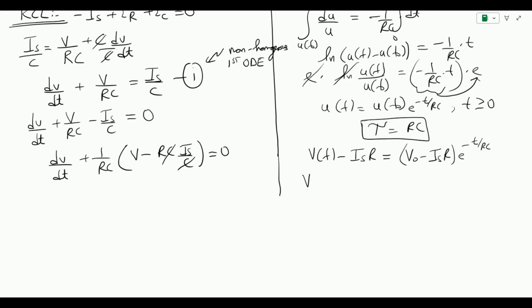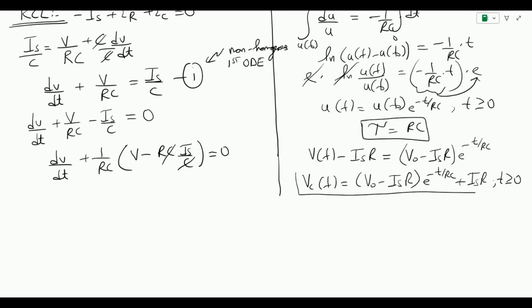So finally the voltage at the capacitor is equal to V naught minus IS R, times e raised to the power minus t by RC, plus IS R, for t greater than or equal to 0. So this is the governing equation to find what is happening to the voltage when we have the step response.